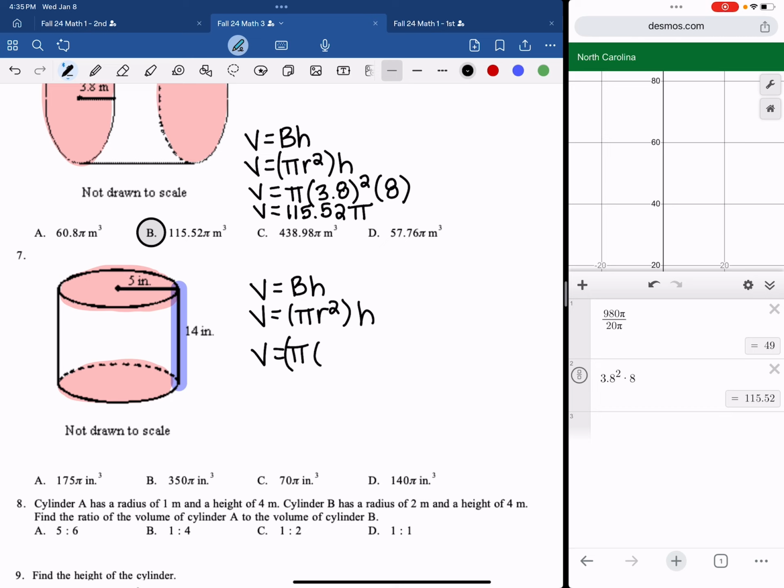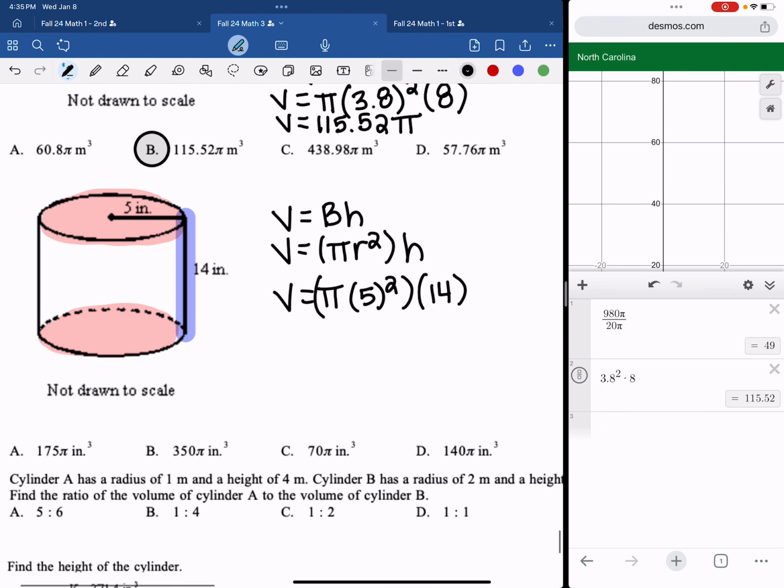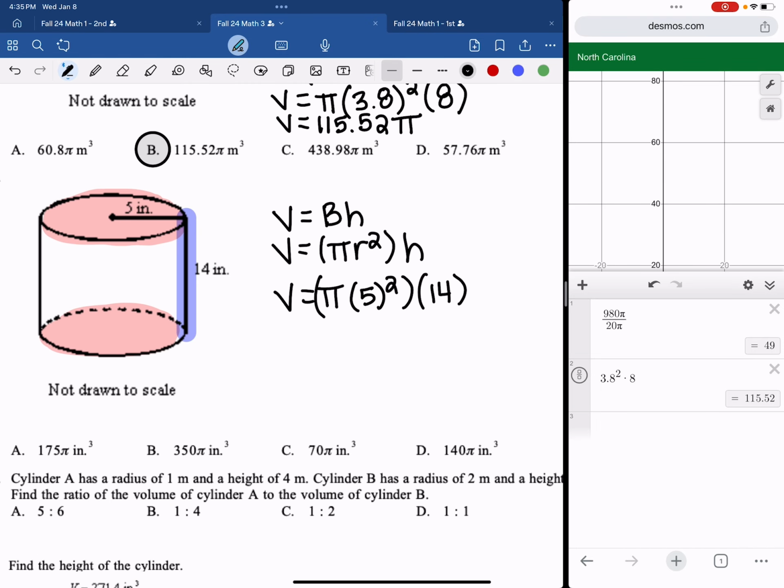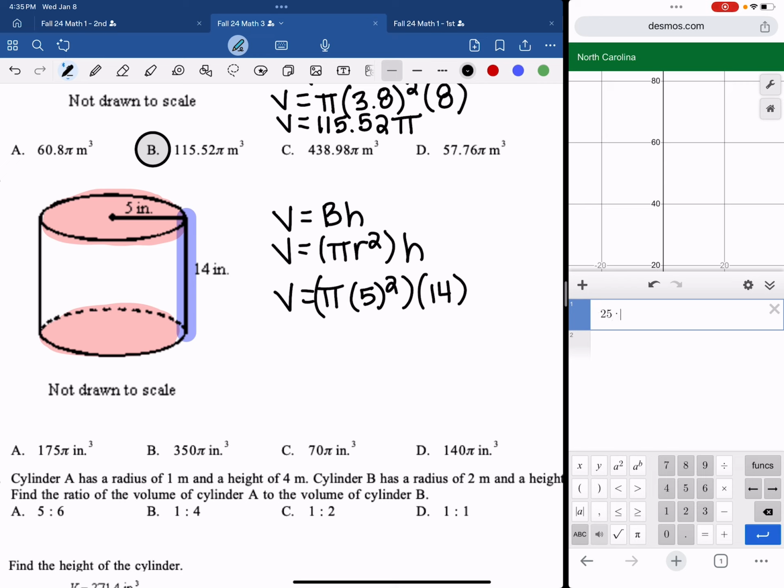So we have pi times 5 squared times 14. This one, again, the original instructions apply to it, so we're going to leave it in terms of pi. So 5 squared is 25 times 14. So my volume is 350 pi inches cubed.